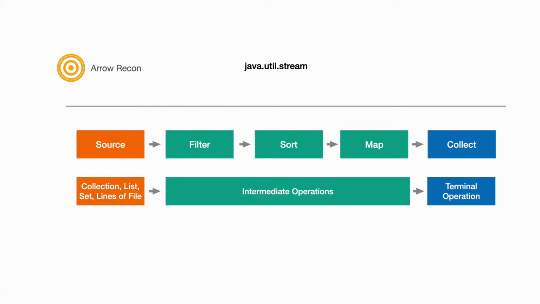A stream represents a sequence of elements that can be either from a collection, a list, or in our case, the lines of a file that we're reading from the CSV. Then it also has intermediate operations and a terminal operation. The intermediate stream operations return a stream, so we can chain multiple intermediate operations without using semicolons. The terminal operations are either void or return a non-stream result.